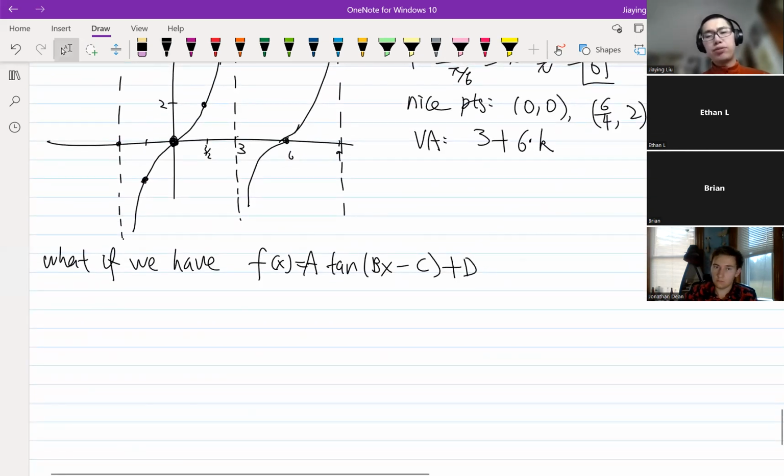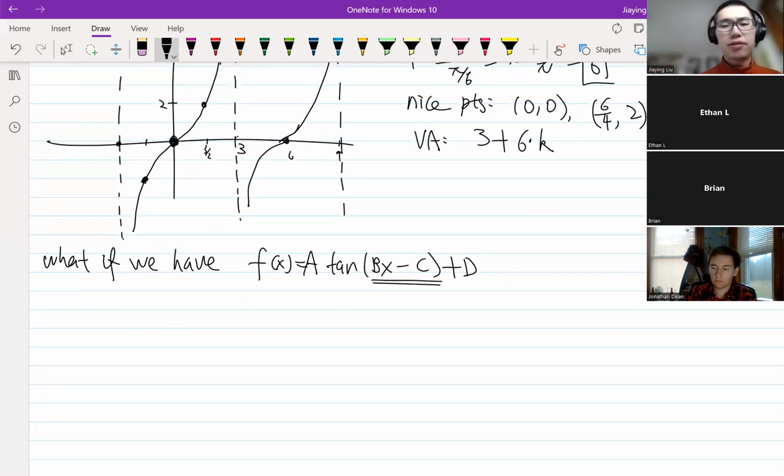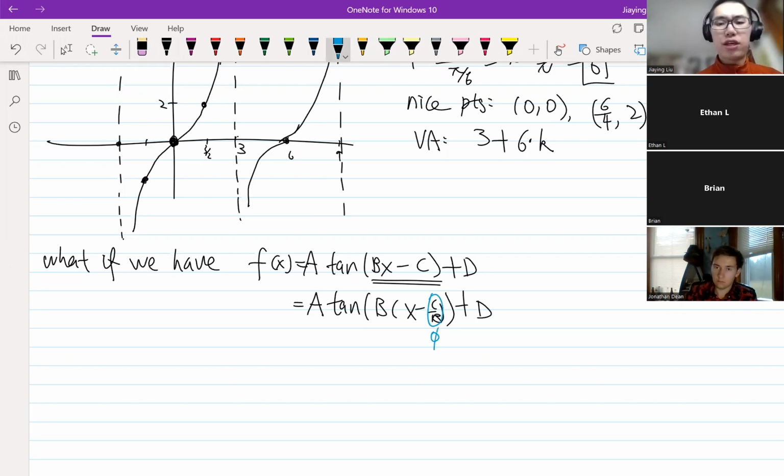Well, the first thing we do is the same thing we did before. We're going to factor the parentheses part to get the phase shift. So that's going to be a tangent of b times x minus c over b. But if you remember, that c over b itself is just the phase shift. So we could just rewrite this c over b as phi if we want.